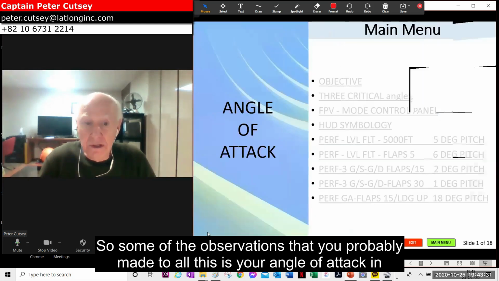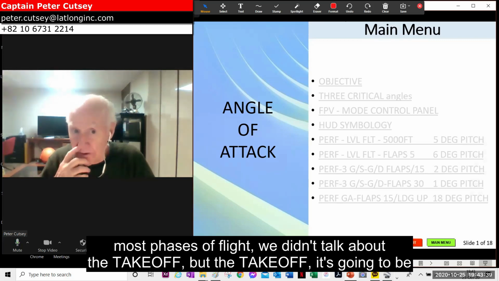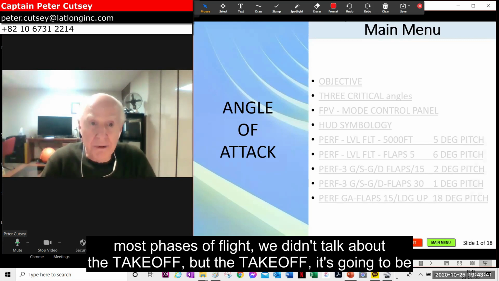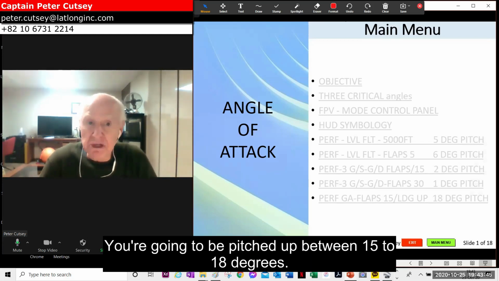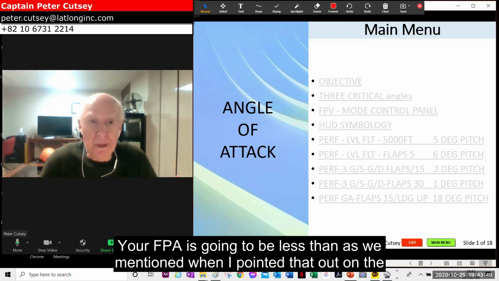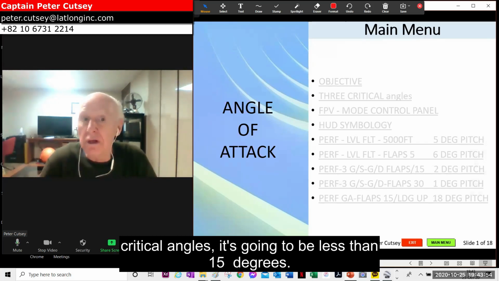So some of the observations that you probably made through all this is your angle of attack in most phases of flight. We didn't talk about the takeoff, but the takeoff is going to be very similar to the go-around. You're going to be pitched up between 15 to 18 degrees. Your flight path angle is going to be less than, as we mentioned when I pointed that out on the critical angles, going to be less than 15 degrees.